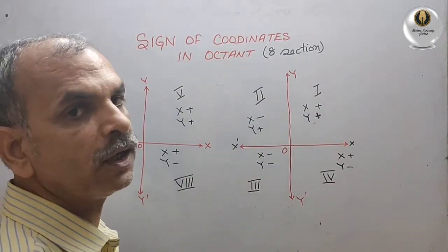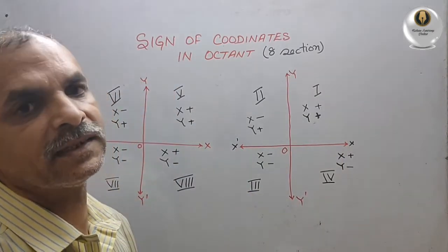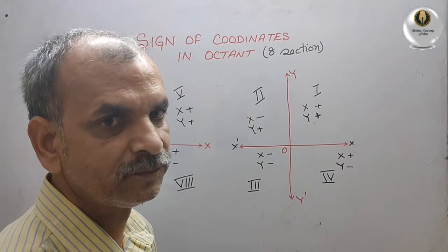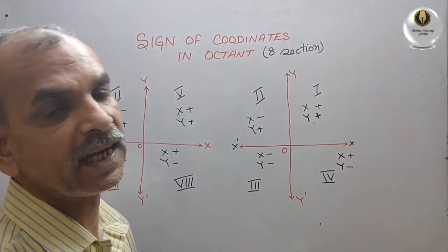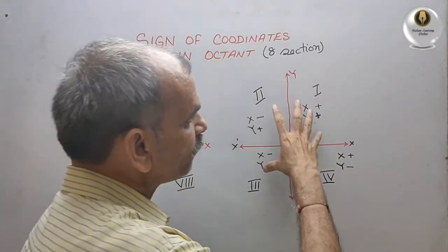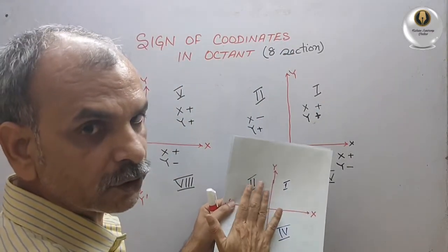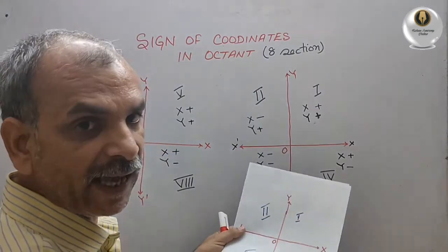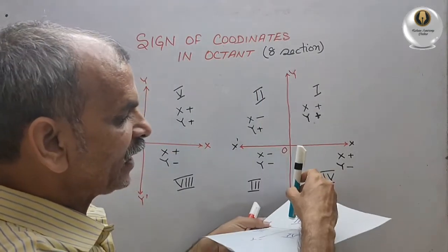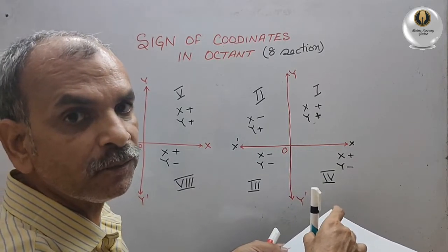Now comes your third axis, that is the z-axis. How does the z-axis lie? If this is your first quadrant, that means the upper portion, the z-axis lies just like this, 90 degrees to each other.